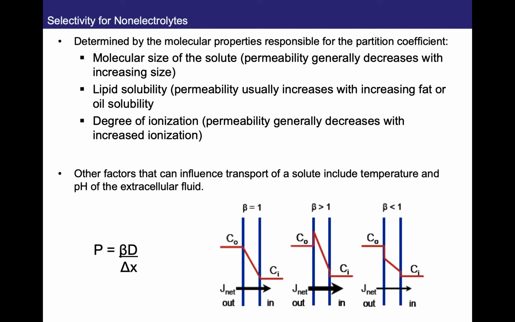So this is net flux, okay? And we're going to start here on your left-hand side, this one right here. All right, so if the beta coefficient is 1, what does that mean? If the beta coefficient is exactly 1, what does that mean?